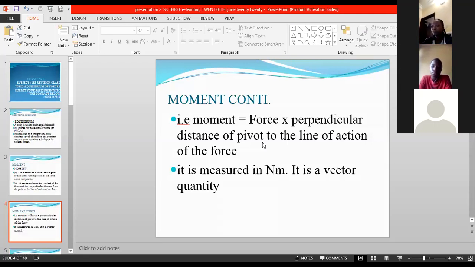Force multiplied by what? Perpendicular distance. And to calculate this, you need to calculate the force first.